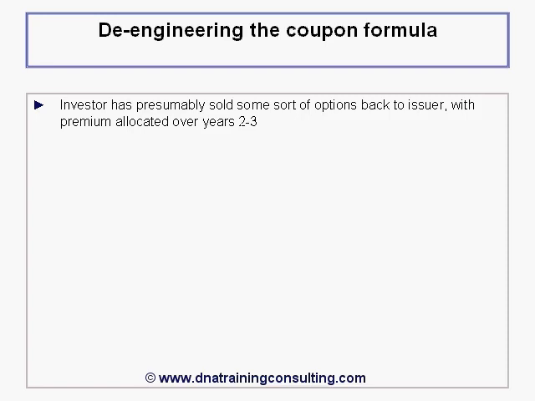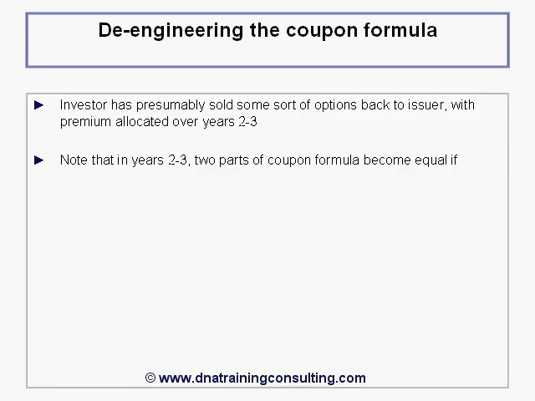To figure out more precisely what the investor has done, we note that the two parts of the complex formula for the coupon in years 2 and 3 would become equal if L plus 80 equals 14.8 minus 3L, i.e. when L is 3.5%.